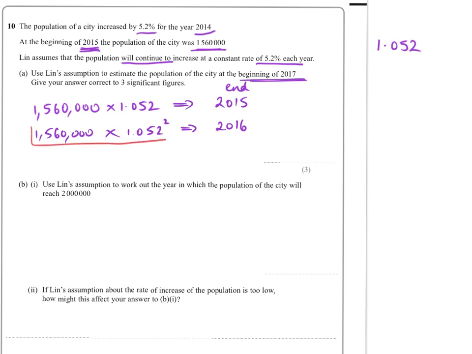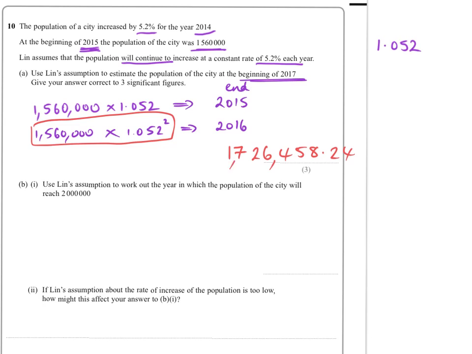So it's this calculation that I need to do on the calculator, and I'll do that now. So we'll have 1560000 times 1.052 to the power 2, and I'll write the numbers on my calculator display, and put in the separating commas.